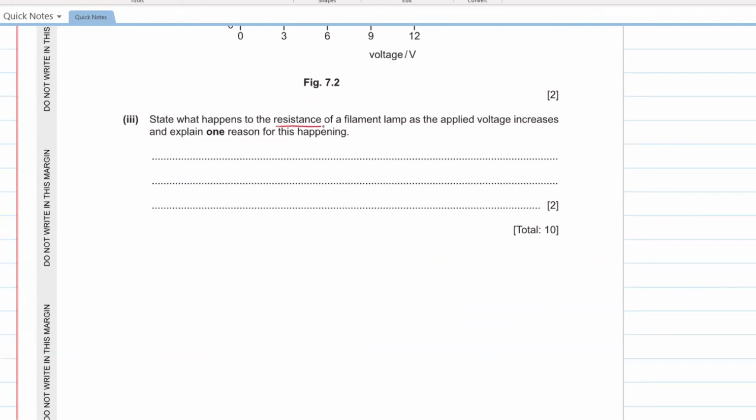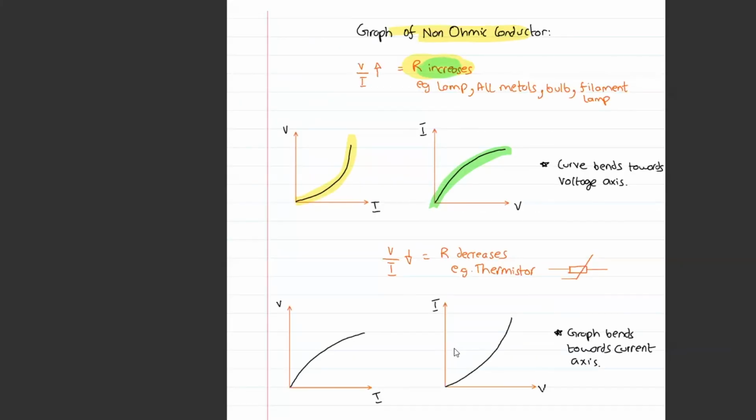State what happens to the resistance of a filament lamp as the applied voltage increases and explain one reasoning for this happening. बेटा अभी मैंने आपको नोट्स में दिखाया है. What happens to the resistance of the filament lamp as the voltage increases? The resistance increases. So first of all आप ये बता सकते हो यहाँ पे.